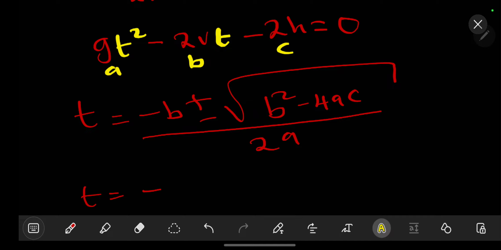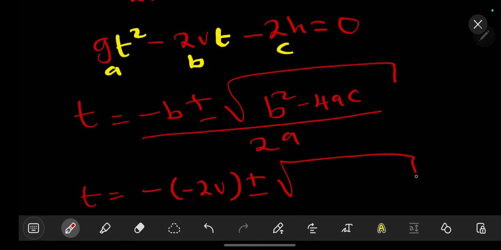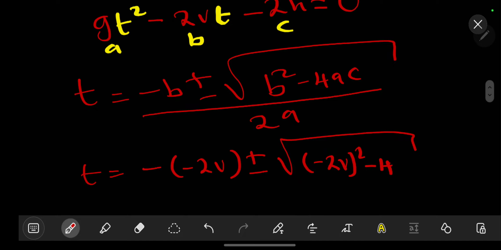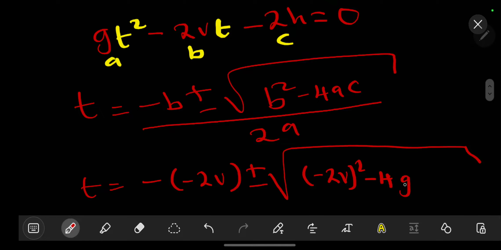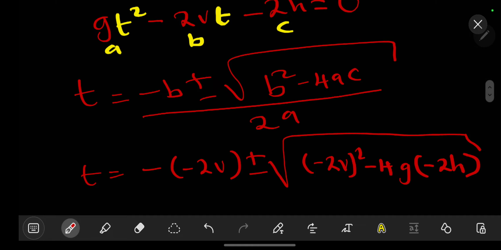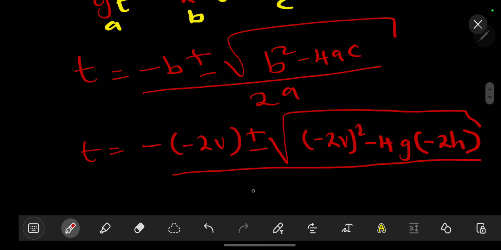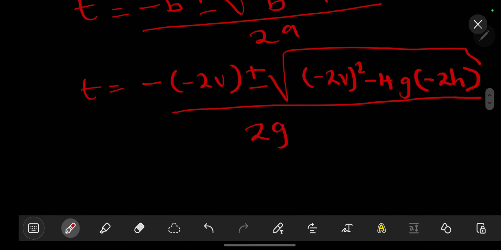So negative b is negative negative 2v, plus or minus the square root of b squared. B squared is negative 2v squared, minus 4 times a times c. Our a is g, and our c is equal to 2h. Then we divide over 2 times a, and our a is equal to g.